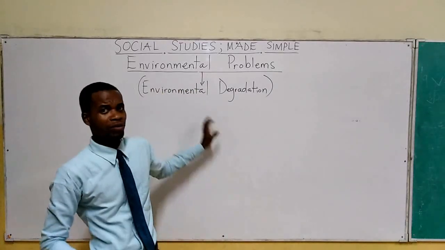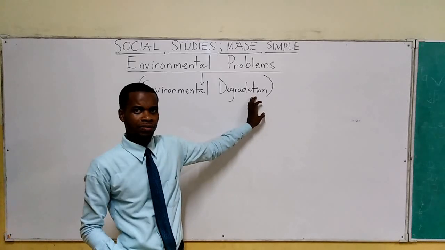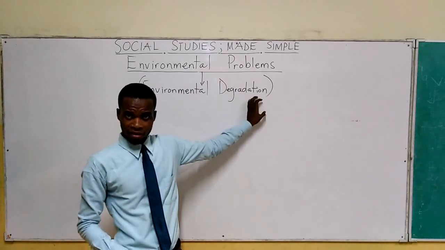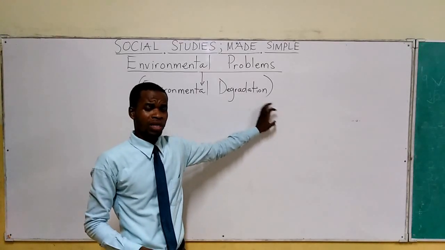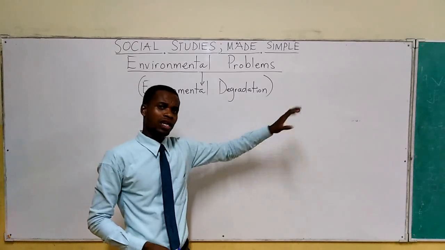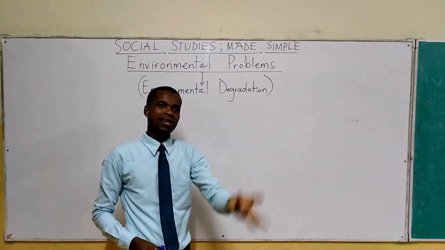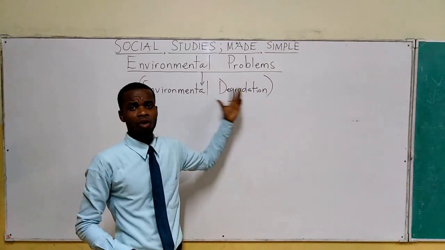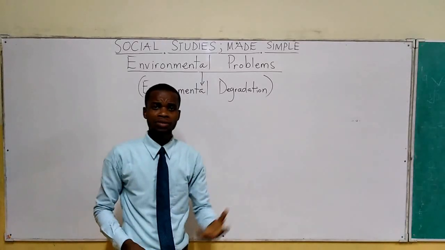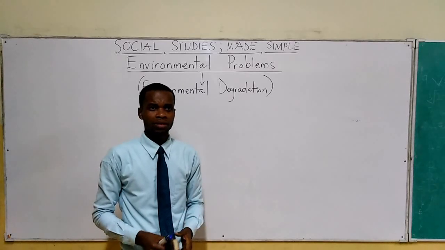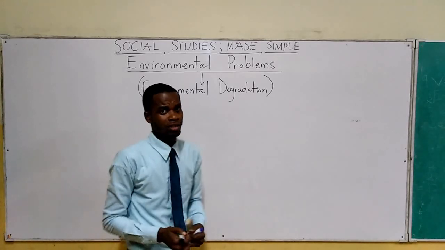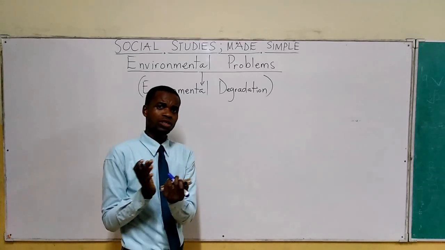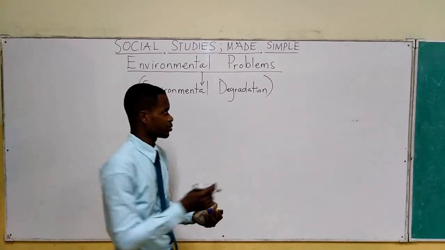Good. Environmental degradation. This is mainly due to human activities. That is to say that there are other things that could lead to the degradation of our environment, or the components of our environment. What then is degradation? I'll use two words to break this down.